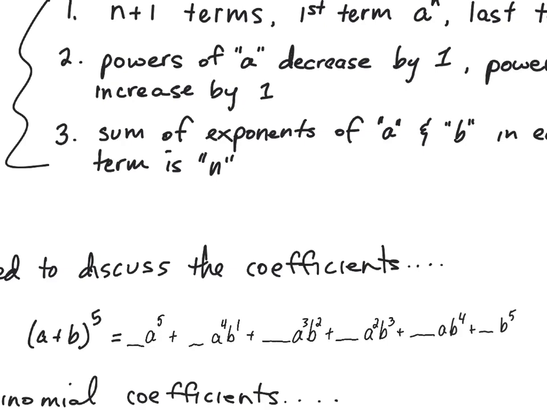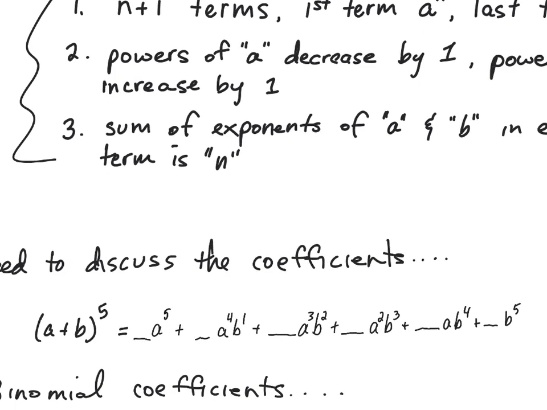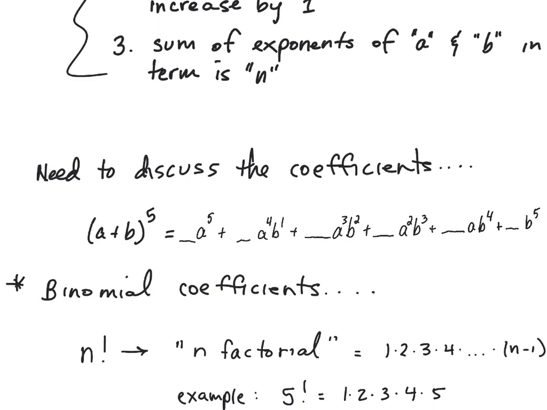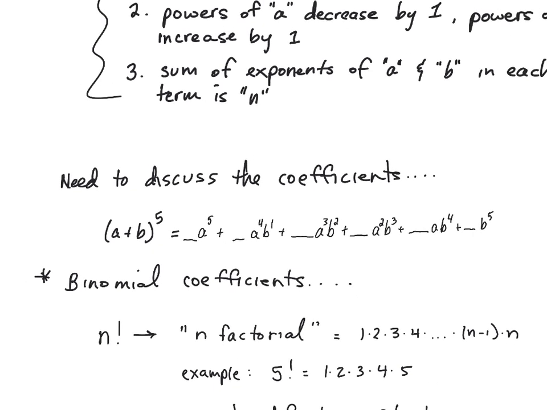But we need to figure out then, what are these coefficients going to be? Like I said, those are called binomial coefficients. There's some new vocab that we need to learn before we go full-blown binomial coefficients. One of them is a mathematical notation known as n factorial.